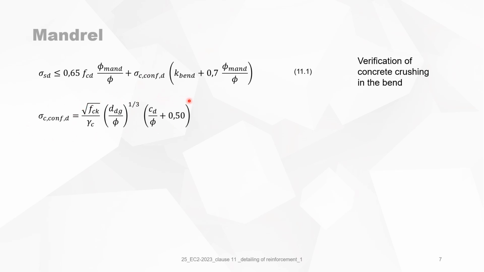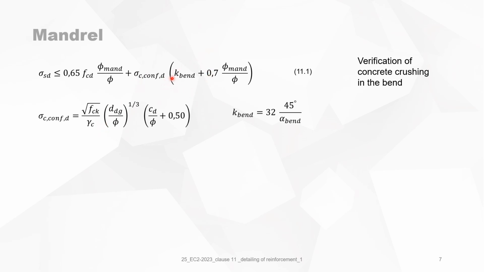In the code 2023, the sigma C conf, I think it's from confinement, and the design value of it, this value was directly plugged into formula 11.1, but it's more handy to separate those two values.